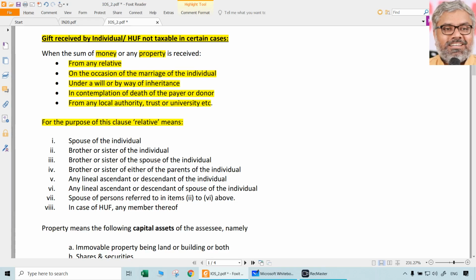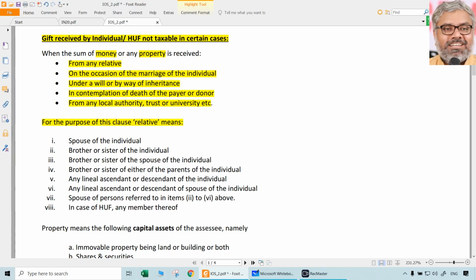Not necessarily vice versa. That is where we have to be careful. Maybe the recipient forms part of the definition of the payer's relatives, but the payer is not a relative of the recipient. That is not exempt.